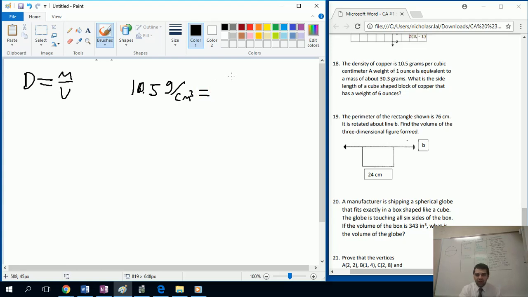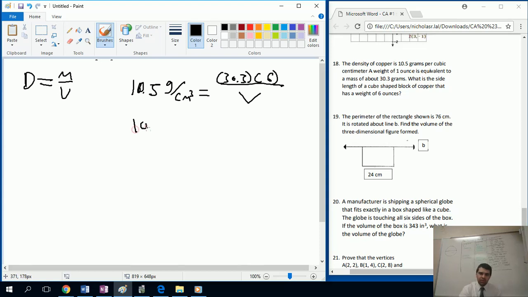our mass, which is going to be 30.3 times 6 over volume.